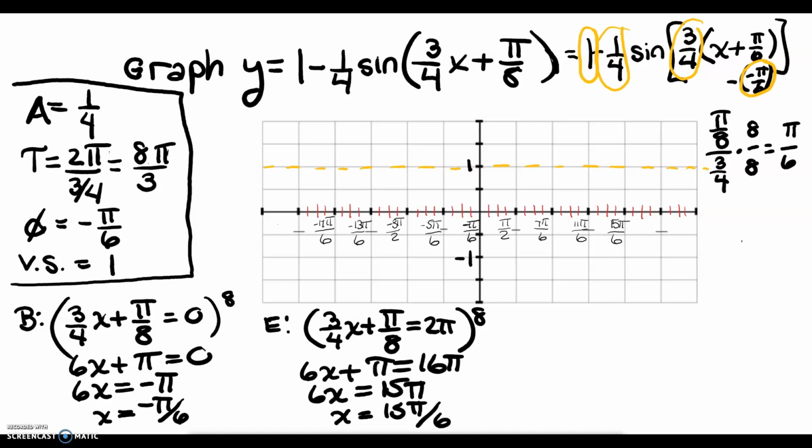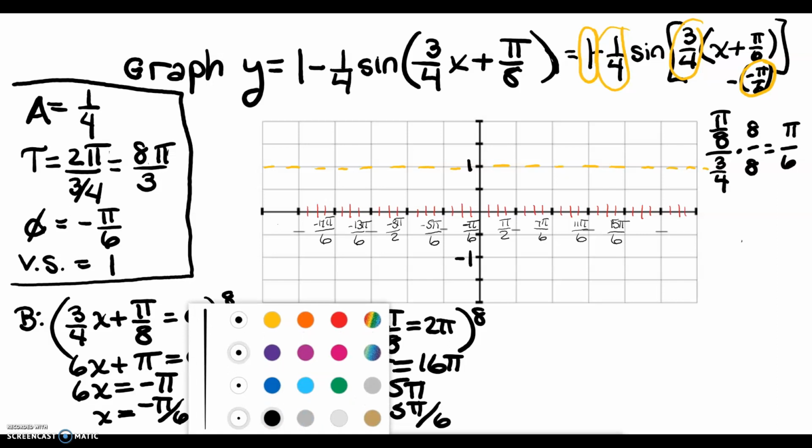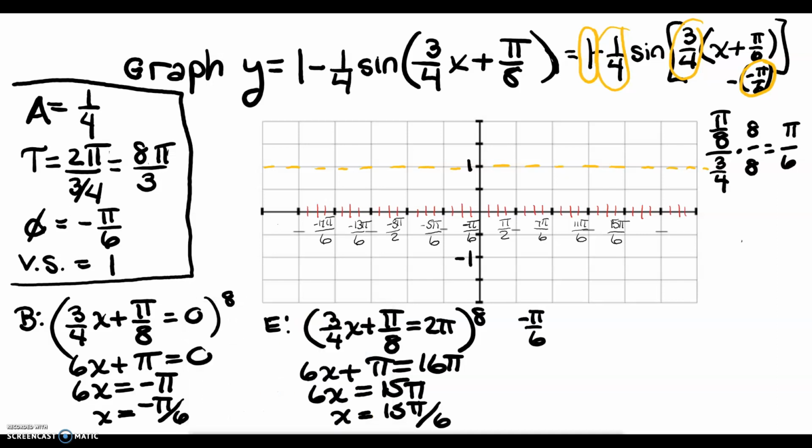So now I'm ready to go ahead and calculate my values. When I plug in my begin and end points, for negative pi over 6, I'm just going to get 1 minus a quarter of the sine of 0. When I plug in pi over 2, I'm going to get 1 minus a quarter of the sine of pi over 2.